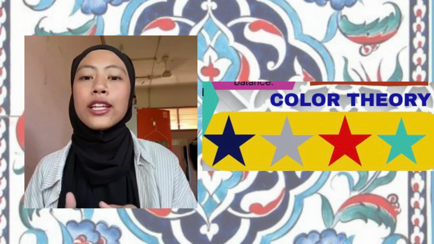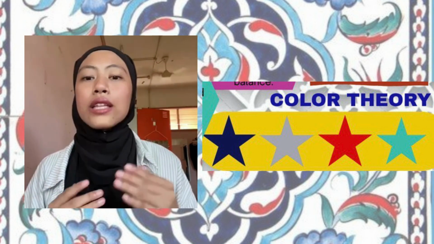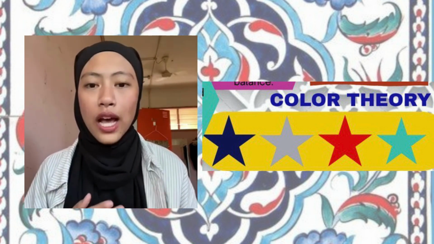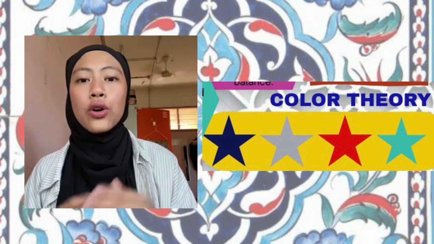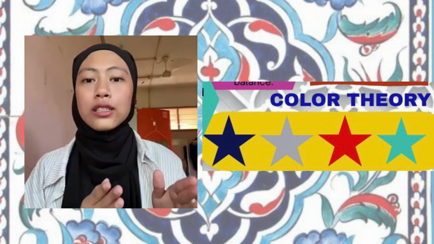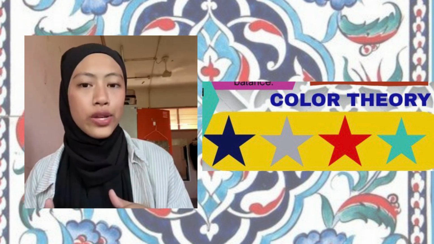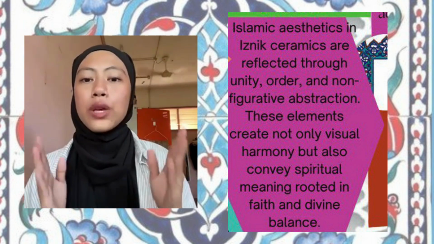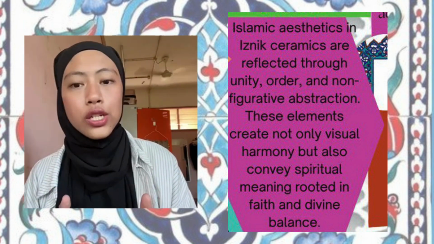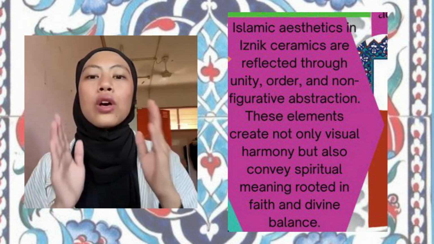I use clean modern fonts for the body text and add a subtle Islamic style display font for the title to create a balance between tradition and clarity. The layout is symmetrical and based on the grid structure, reflecting the core principle of order.